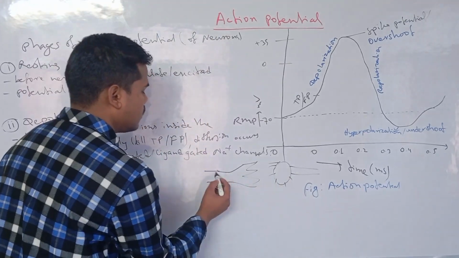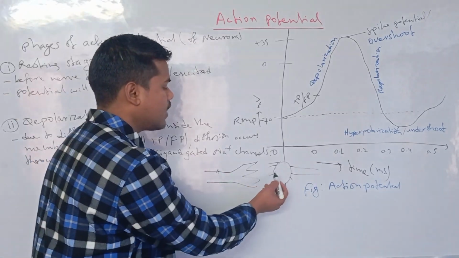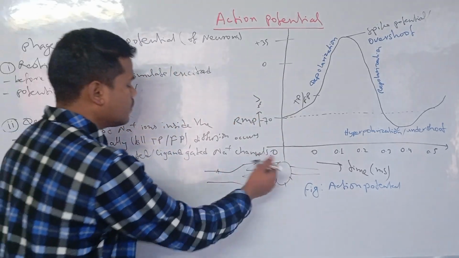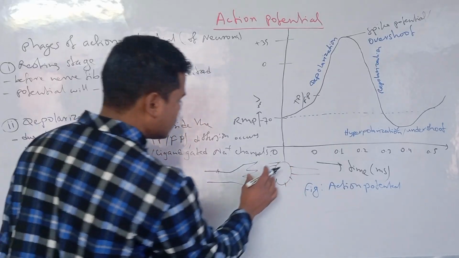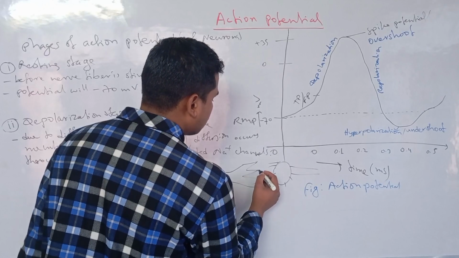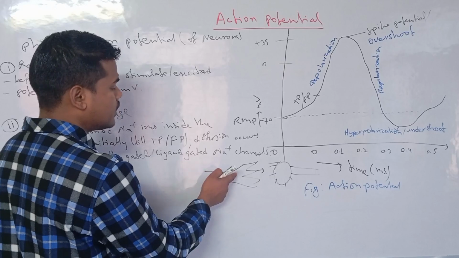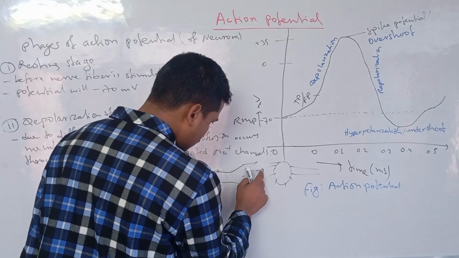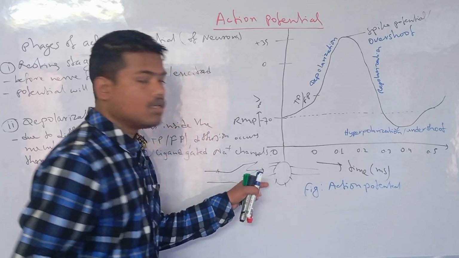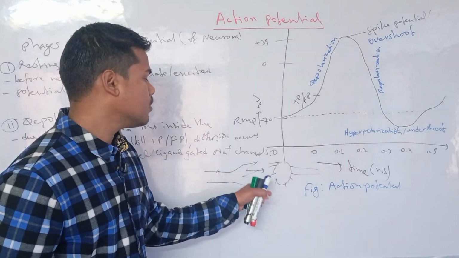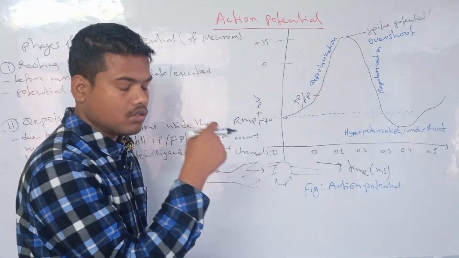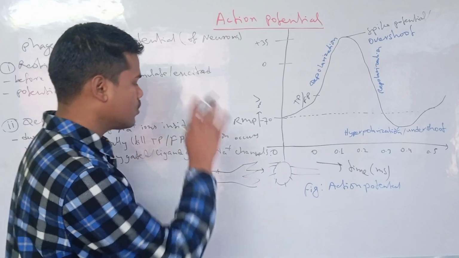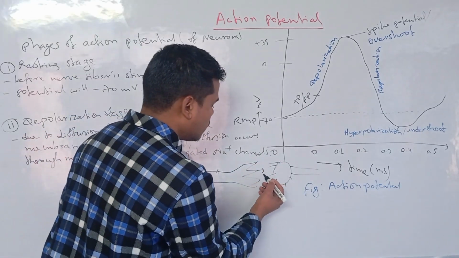Let us suppose this is the axon of one nerve, and this is the dendrite and cell body of the other nerve. Once the action potential reaches these axon terminals, they release the neurotransmitter by the mechanism of synaptic transmission. I will talk about that in another part.